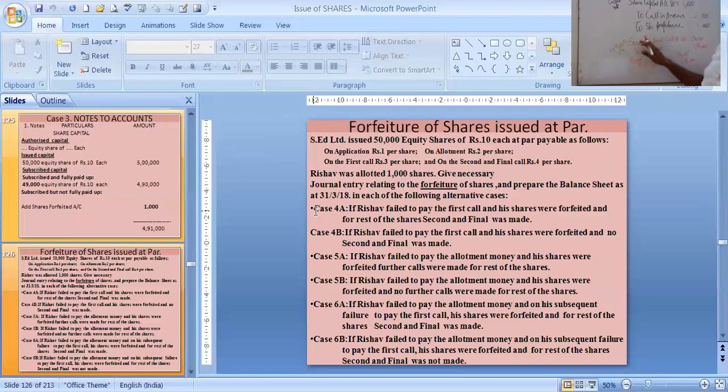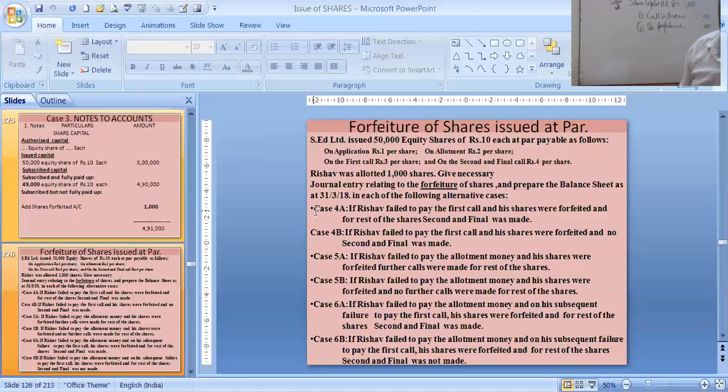Again, for the rest of the shares, we will make the first call on 49,000, and the second call on 49,000, and we will receive everything. This is case 5A. First call entry will also come in case 5A, but they have asked only the forfeiture entry.